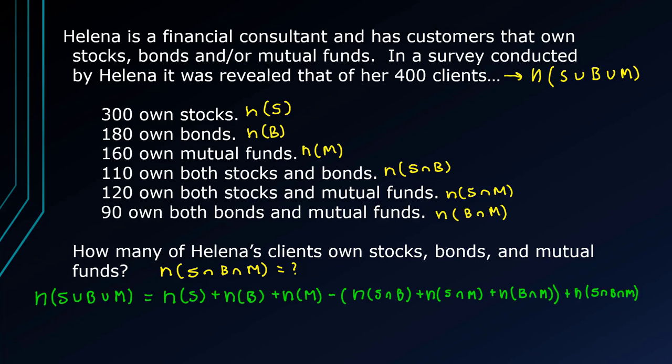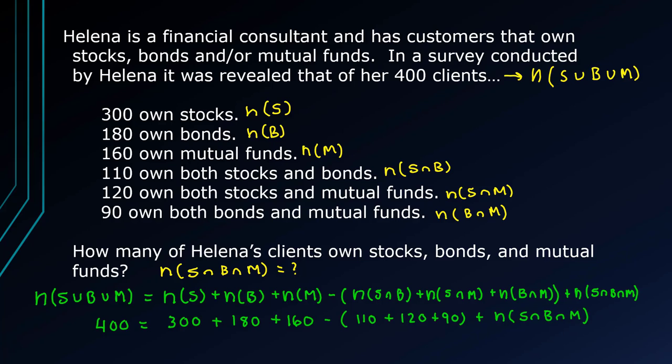I know that the number in the union of the 3 sets equals the number in set S plus the number in set B plus the number in set M minus the number in S and B plus the number in S and M plus the number in B and M. That sum is being subtracted, and then I'm going to add the number that are in all three sets. Well, the information I was given in the problem gives me everything up to this one over here. So if I know all these other pieces of information, I can figure out what this is.